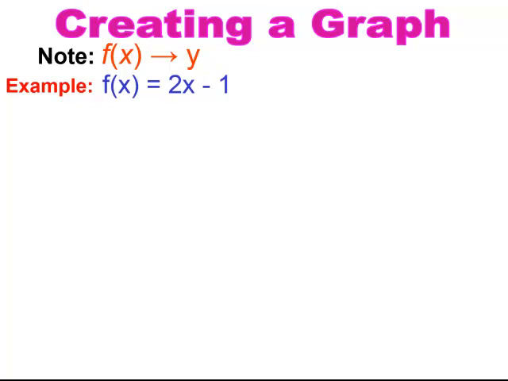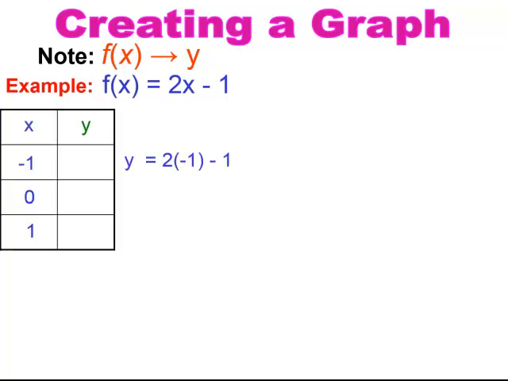Well, f of x is a notation for functions, and function notation uses f of x, but it is also equivalent to the variable y. So it's good to get familiar with f of x also being a y value.